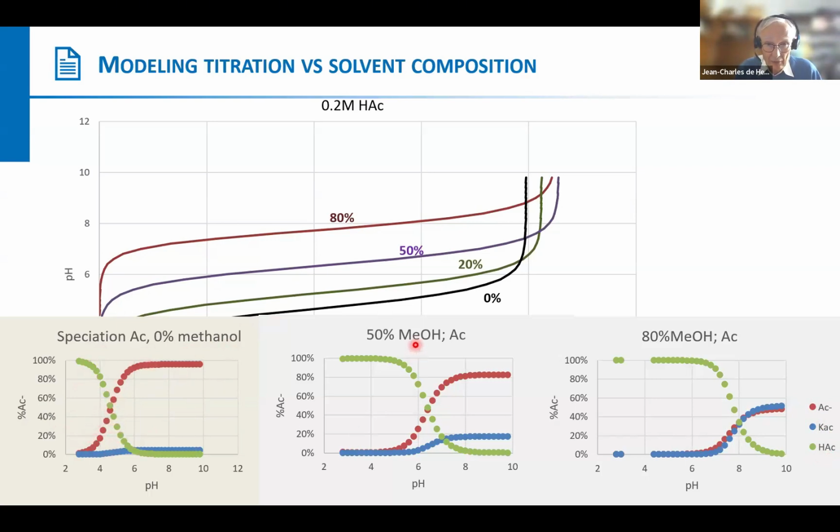But when you add methanol, the ion pairing with potassium acetate is going to appear, and even more so at 80%. In addition to that, you see that the equivalence point shifts to the right. That means the pH at which this phenomenon occurs is correctly reproduced.